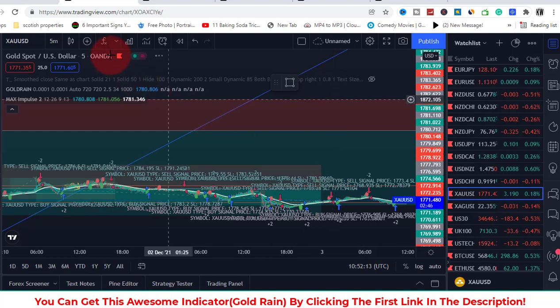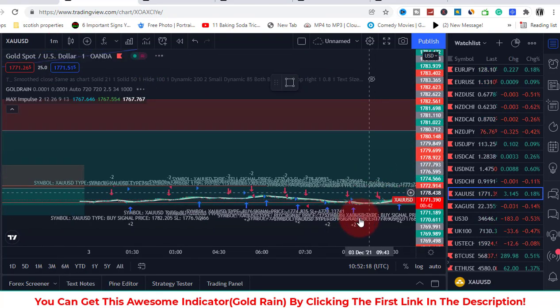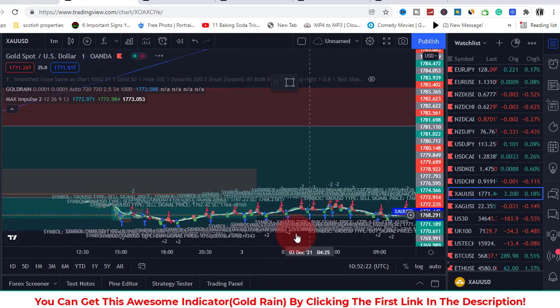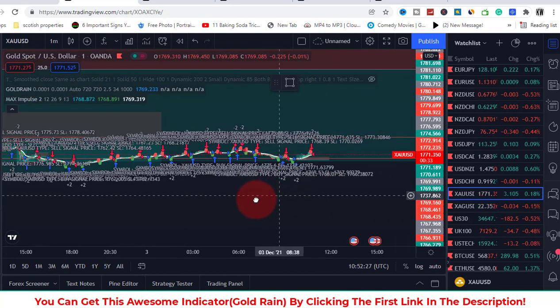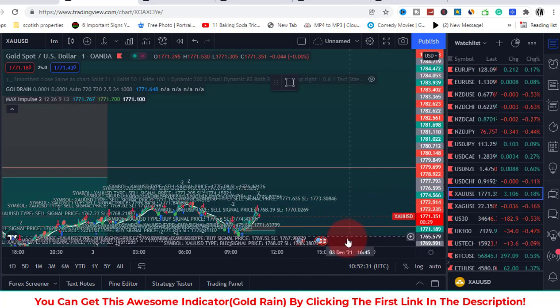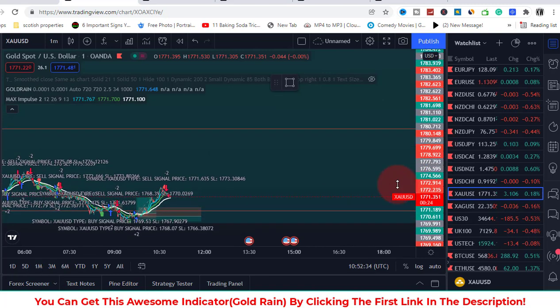So what I did with the gold, was it short or? Let's see. Yeah, obviously I lost this trade. I lost this trade because it told me to go long, but I went short.